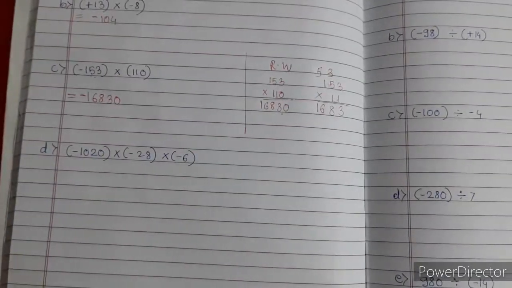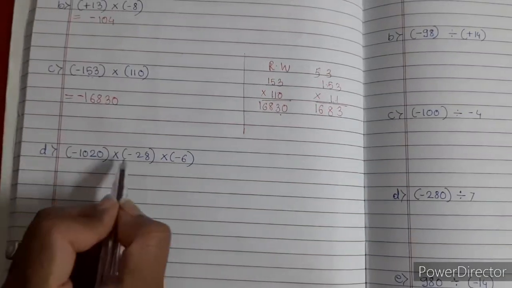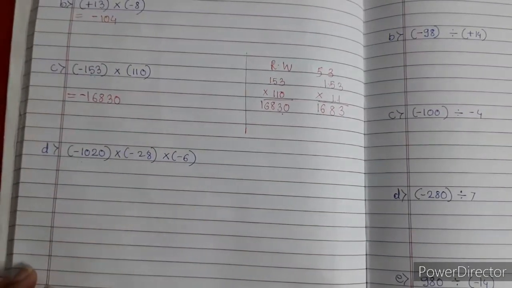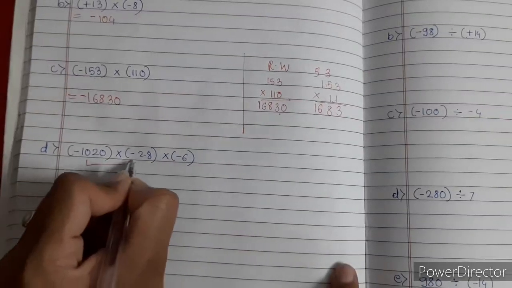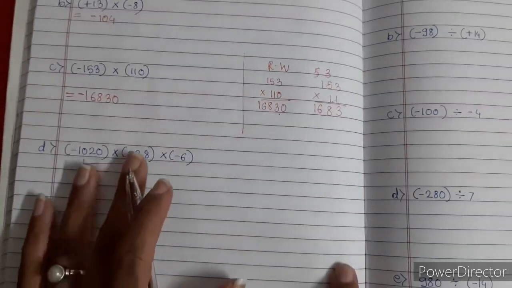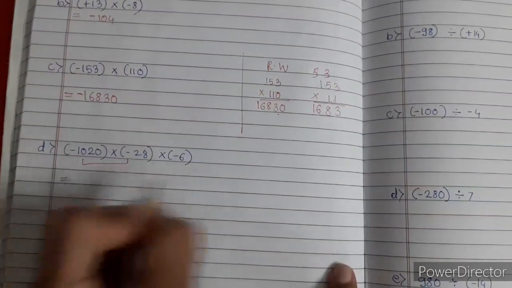Let us have a look at the third example. Here I have three integers to be multiplied. So as per our rule, we'll take two integers at a time. That means we'll multiply two integers at a time.